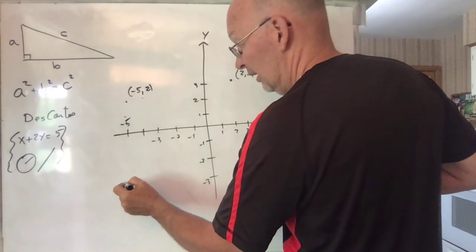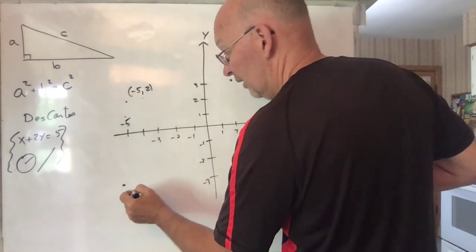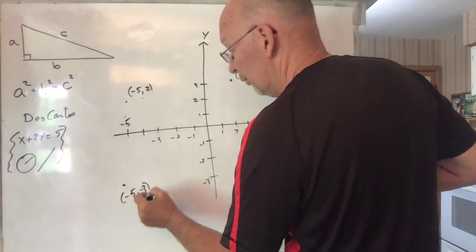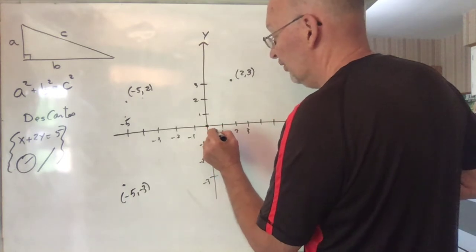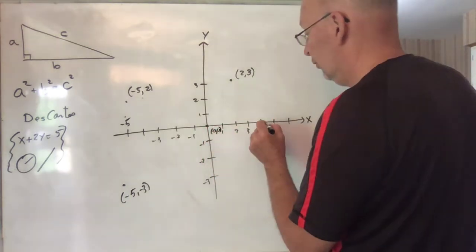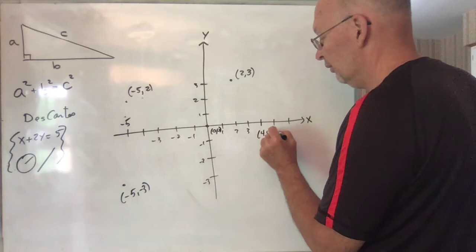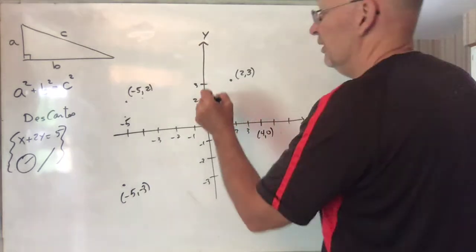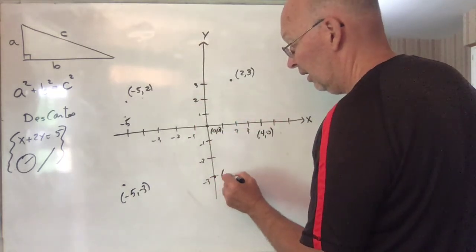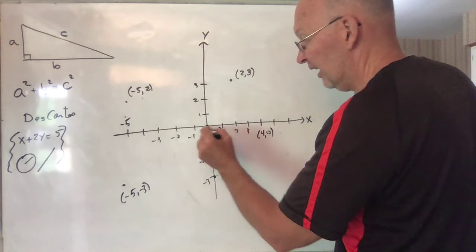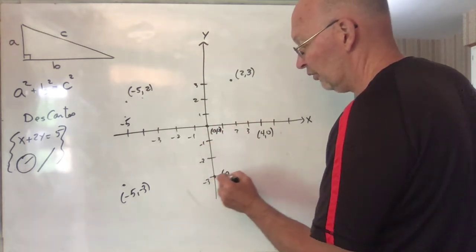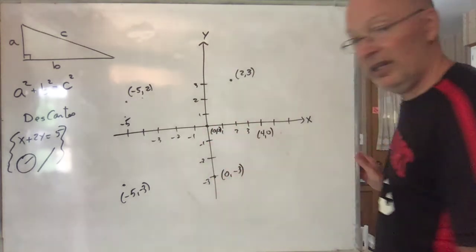Or this would be -5, -3. This would be the point 0, 0. This would be the point 4, 0 right there. This would be the point, you always put the x-coordinate first, so it's going to be 0, -3 right there.